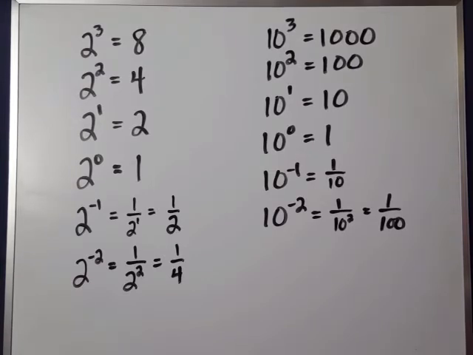Our zero exponent rule, which we just learned. Anything to the 0 is 1, except 0 to the 0, which we know we're not going to worry about until calculus. Our negative exponent. Something to a negative is 1 over that thing to the positive. We take the reciprocal.